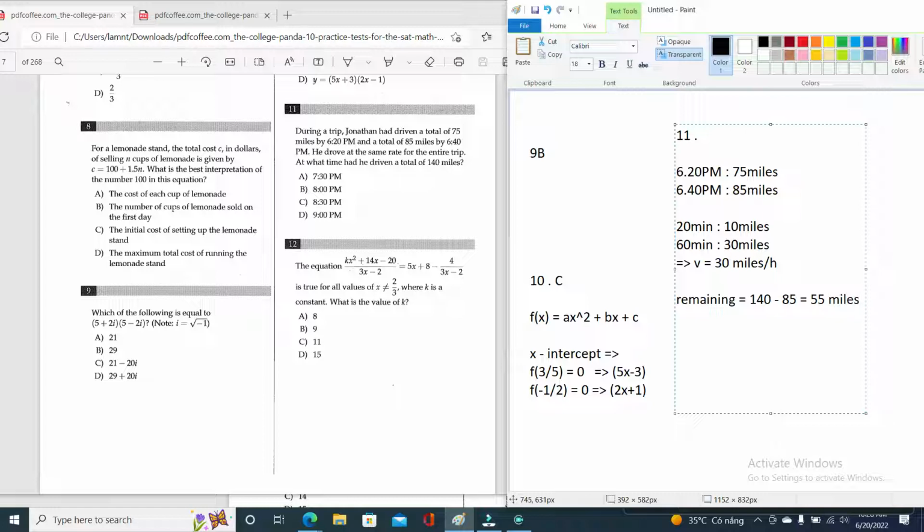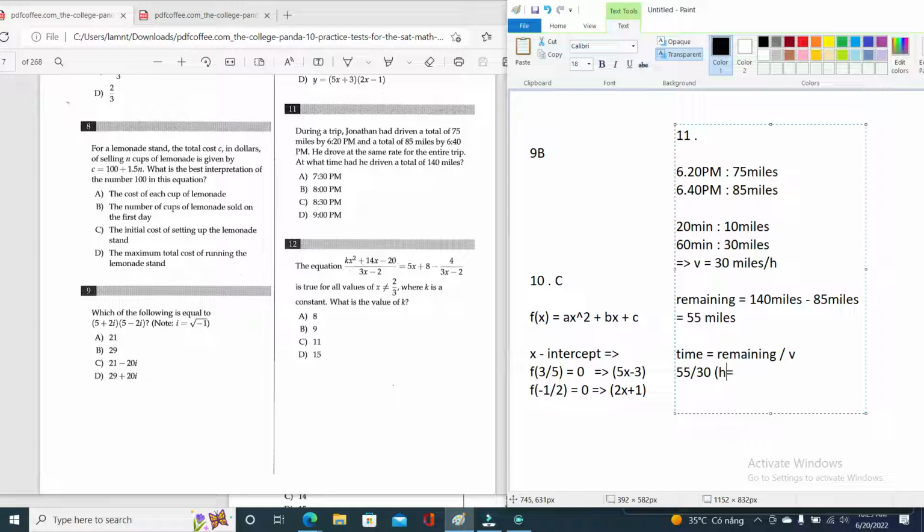And his speed is 30 miles per hour. So the time remaining is the distance over v, which is 55 over 30, and the unit is hours.